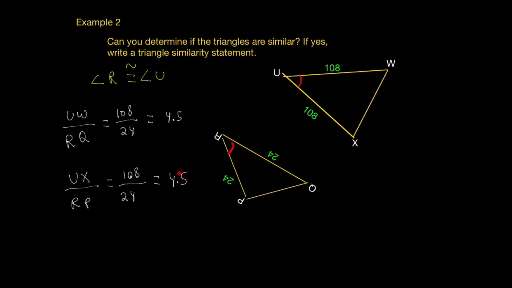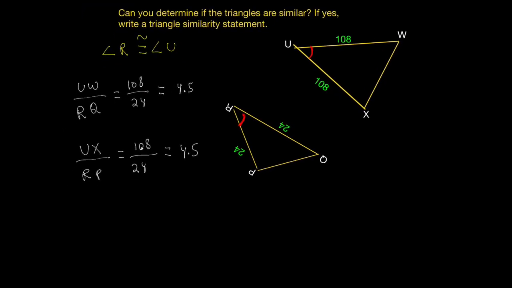Corresponding lengths are proportional and the angle in between is congruent, so we can claim that these triangles are similar. Here we're going to get triangle, and I'm going to choose a direction, so I'm going to begin with RPQ.